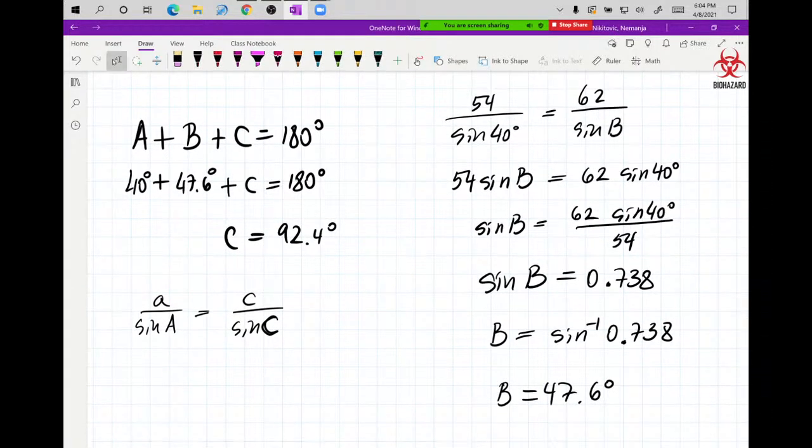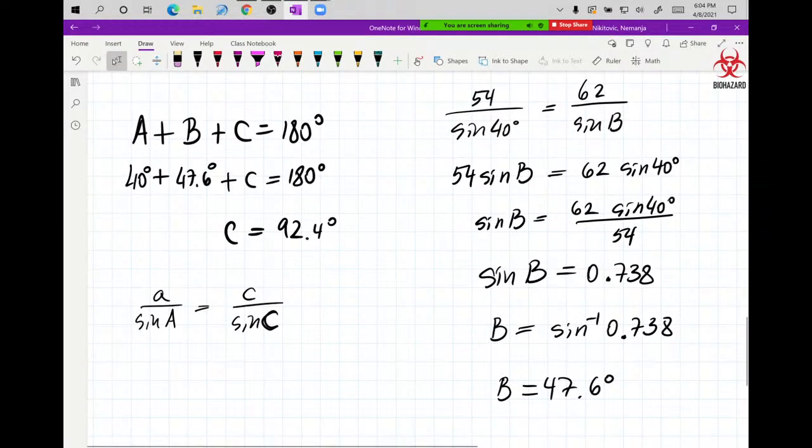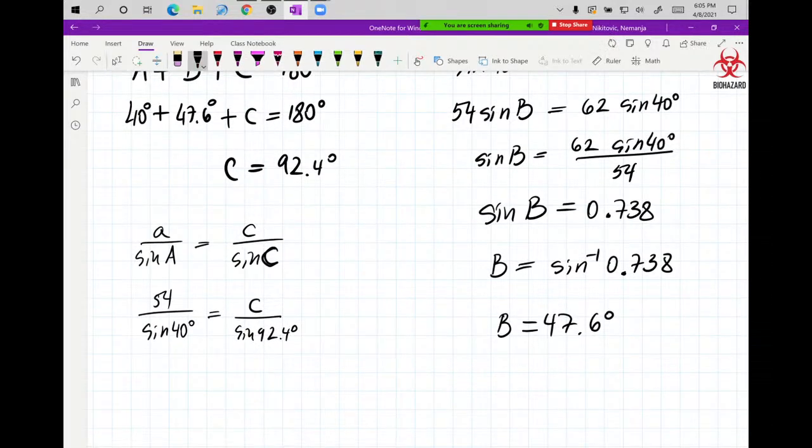A is 54 over sine 40 degrees is equal to C, unknown value, divided by sine of 92.4 degrees. So the length of side lowercase c is 54 over sine 40 degrees times sine of 92.4 degrees.